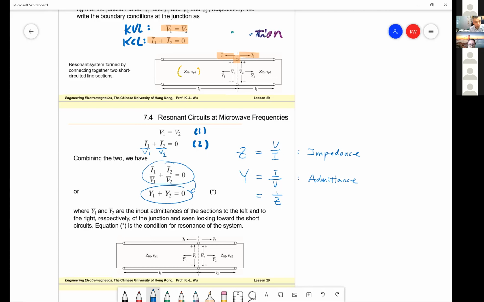We have a direction as a reference: Y1 is looking toward the left, Y2 is looking toward the right. This is because I call this transmission line 1, this transmission line 2. And in this case, I assume this end is a short circuit. Just keep it simple.